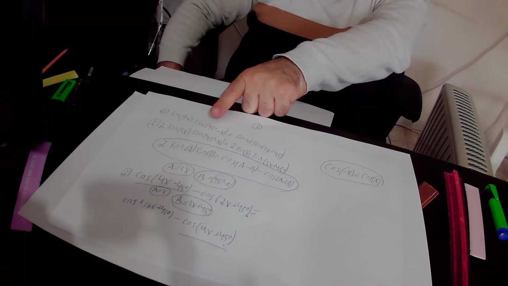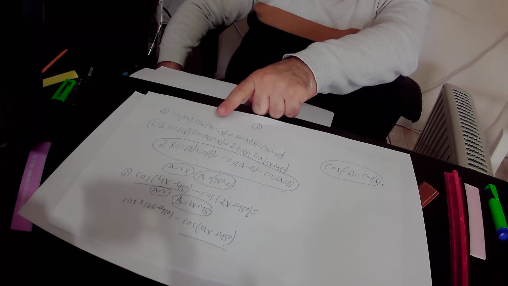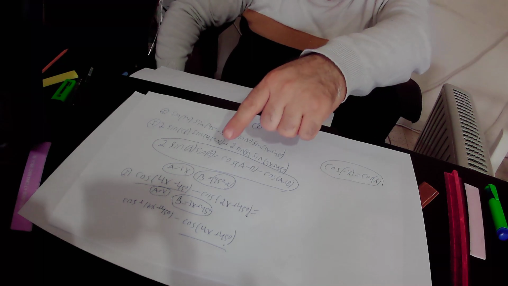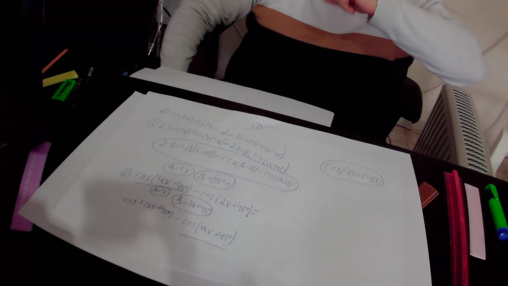the expressions here. And according to this trigonometric identity, we will get that 2 sine 3x sine (45 degrees minus x) equals 2 sine (4x minus 45 degrees) minus cosine (2x plus 45 degrees).